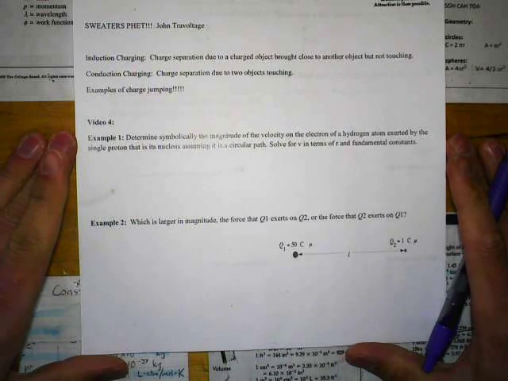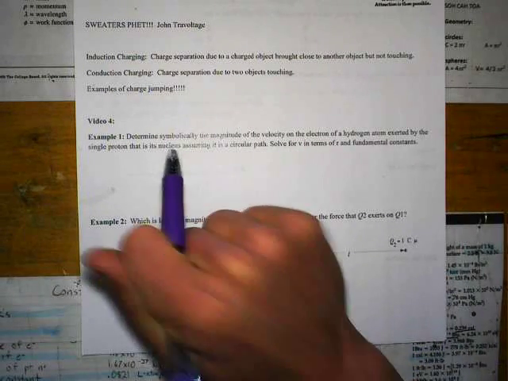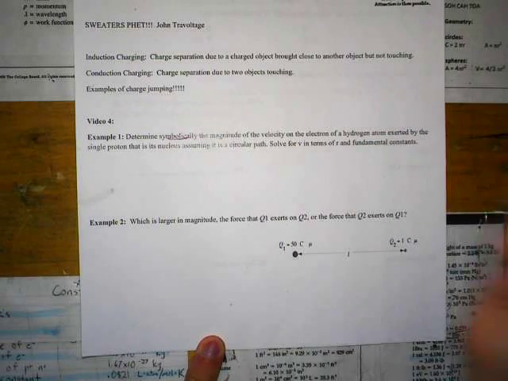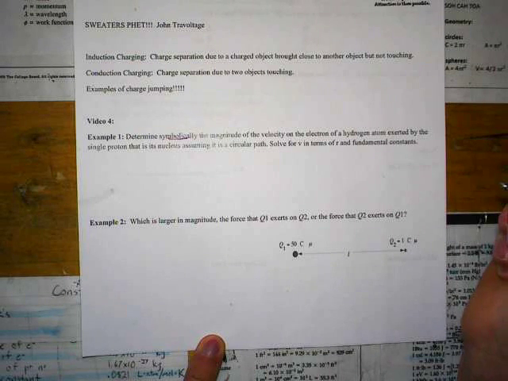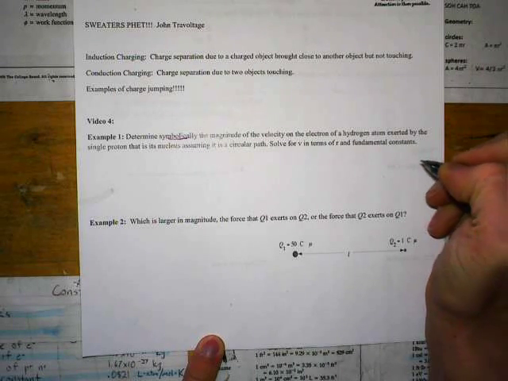So, let's get going. Determine symbolically, no numbers here, the magnitude of the velocity on the electron of a hydrogen atom exerted by a single proton that is its nucleus, assuming it is a circular path.